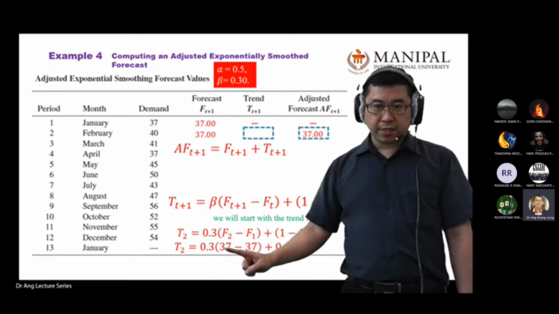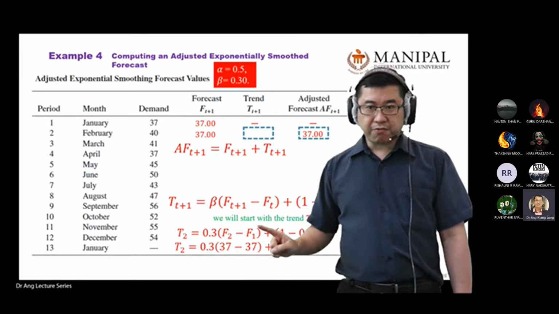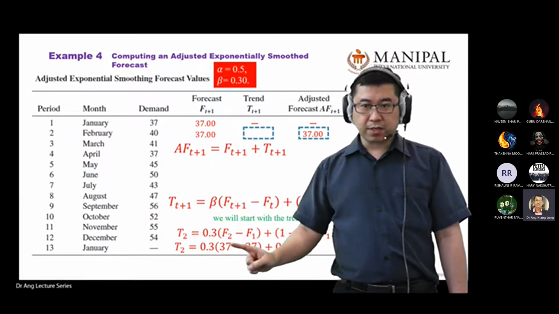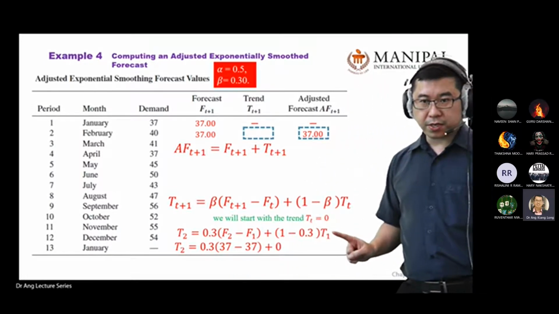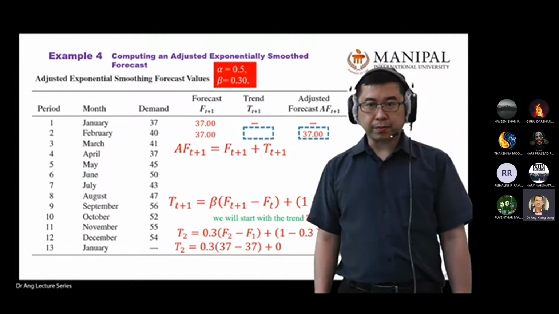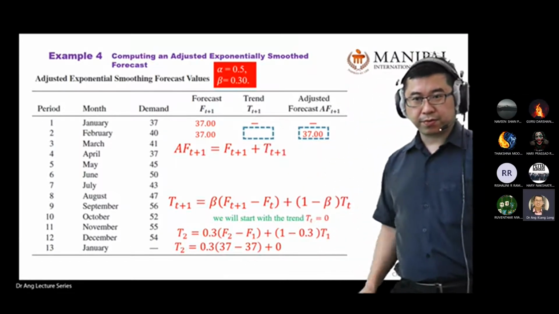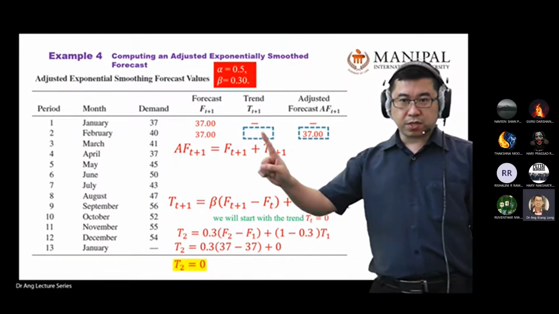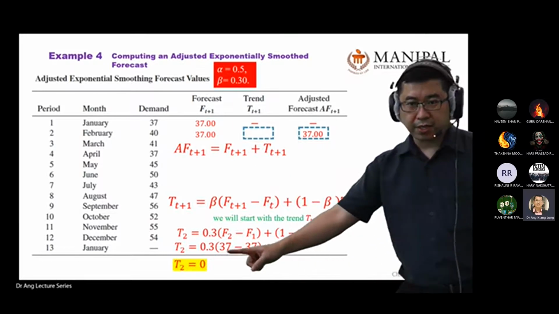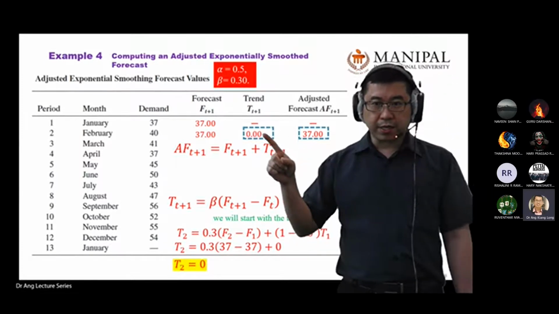So T2 is 0.3 times (F2 37 minus F1 37), so 37 minus 37, plus 0.7 times 0. Why 0? Because we say that we use T1 equals 0. No data for T1, so 0. So T2 is 0 here.